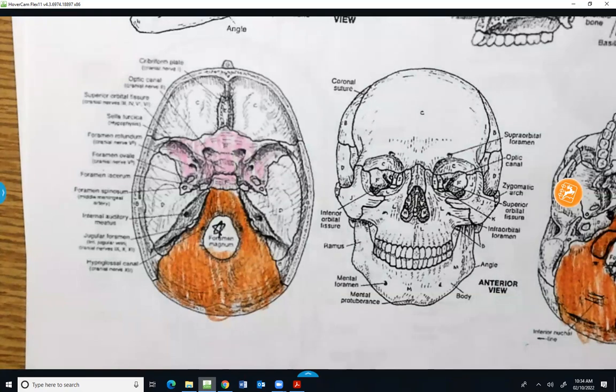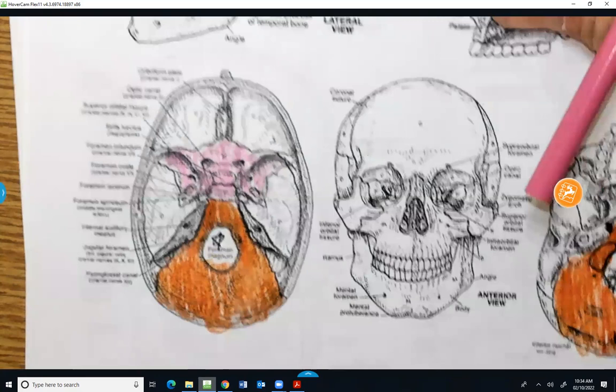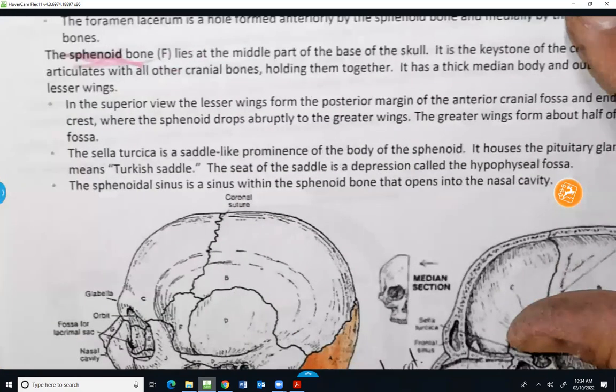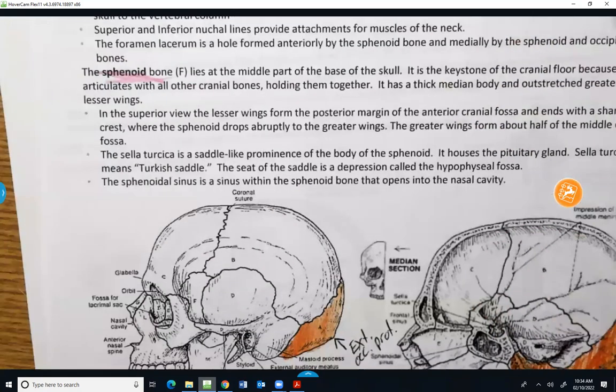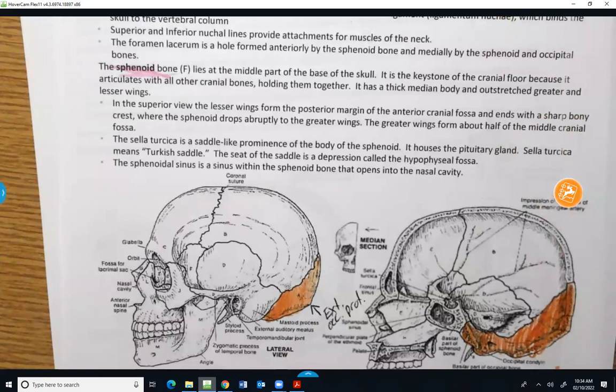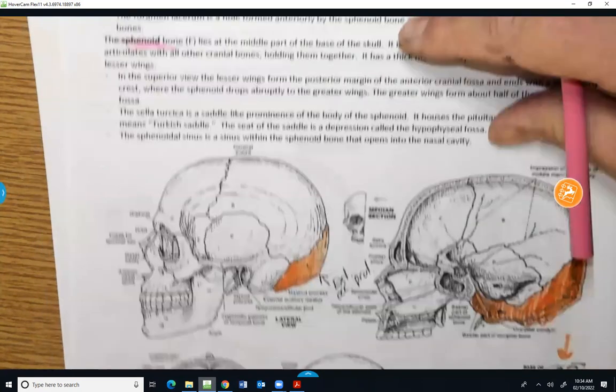In fact, what's neat about it, it actually has wings. What we call the greater and lesser wings are some of its important structures that I'm not really going to highlight or anything like that. The lesser wings form the posterior margin of the anterior cranial fossa and with the sharp bone crest. And then the greater wings form about half of the middle cranial fossa structures that we talked about earlier.